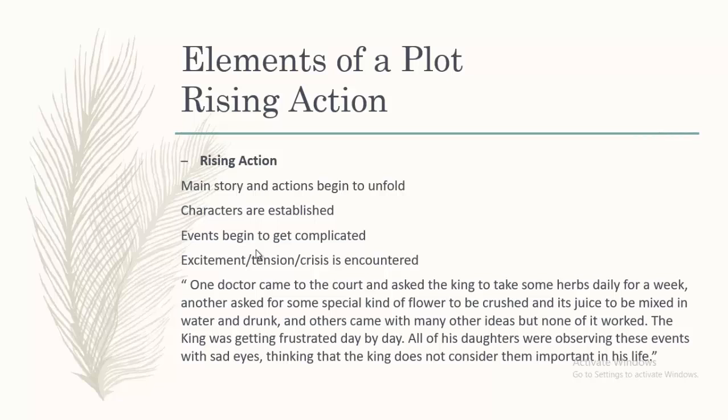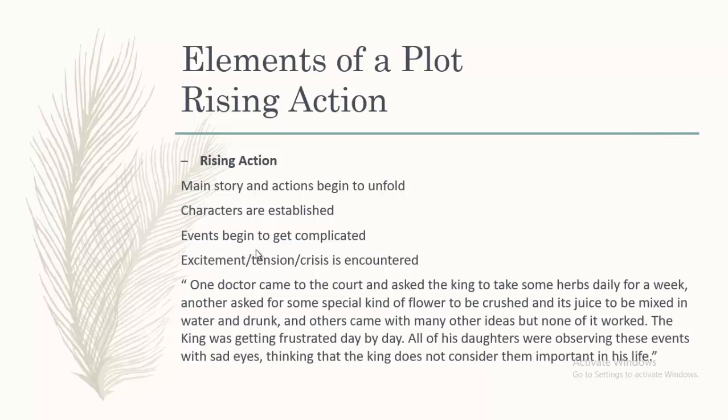We get to know which character is which, and what are his or her characteristics, ambitions, and thoughts. Is he or she a bad character, a positive character? Is he a main character, or a smaller sub character, minor character, etc.? So characters are also established.